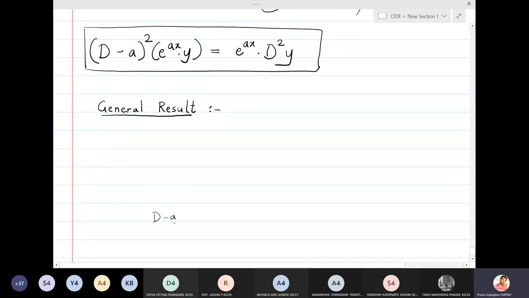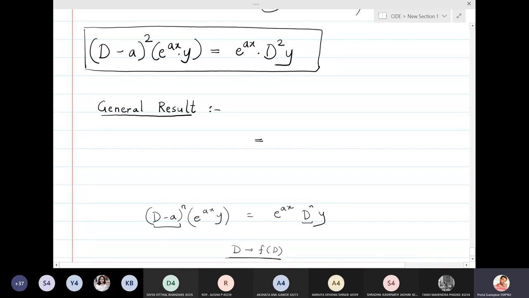It was (D minus a) raised to n e raised to ax y is equal to e raised to ax D raised to n y. I'm just going to replace this (D minus a) raised to n and D raised to n by f(D). So I'm giving a more general result. What will I write here if I want to replace this D by f(D)?